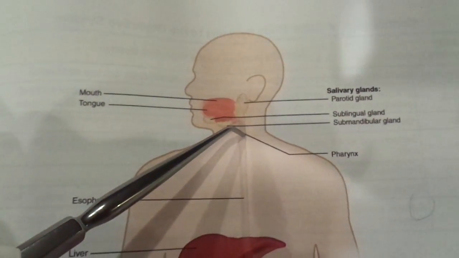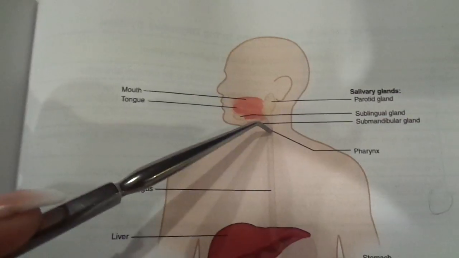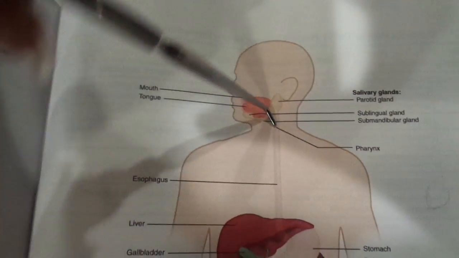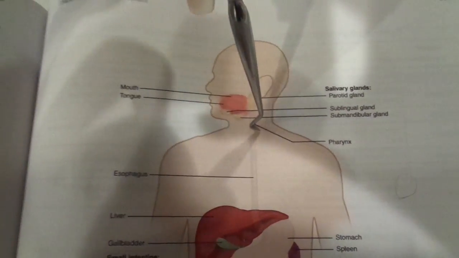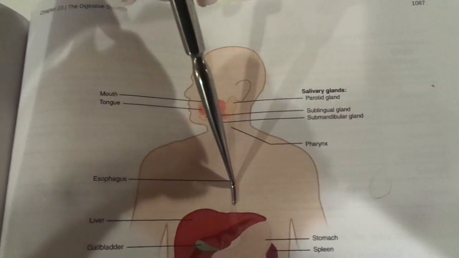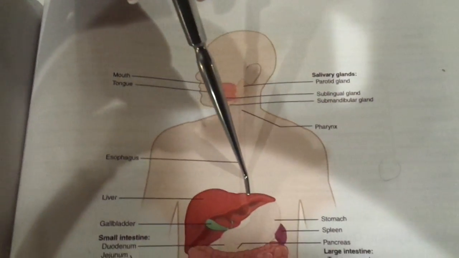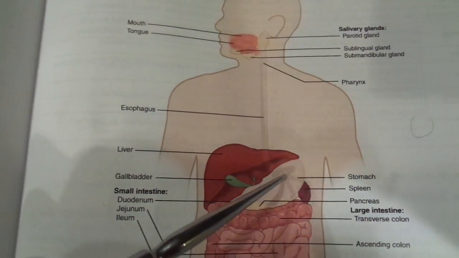The pharynx propels the food from the mouth, or the oral cavity, to the esophagus, which is right here, and then in the esophagus, the food is propelled into the stomach, which is right here.